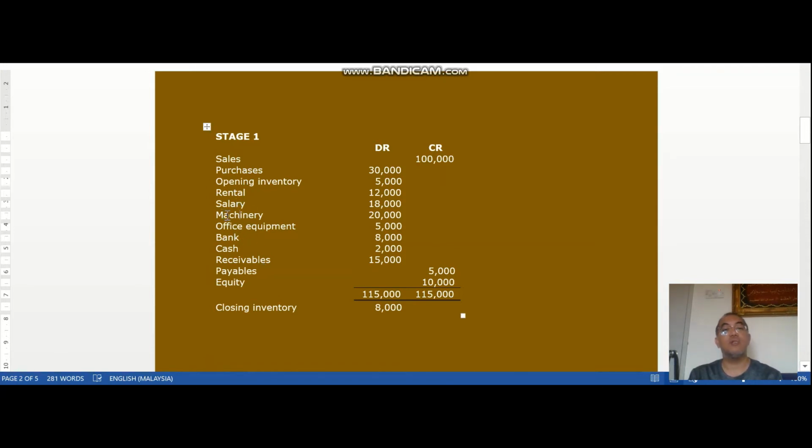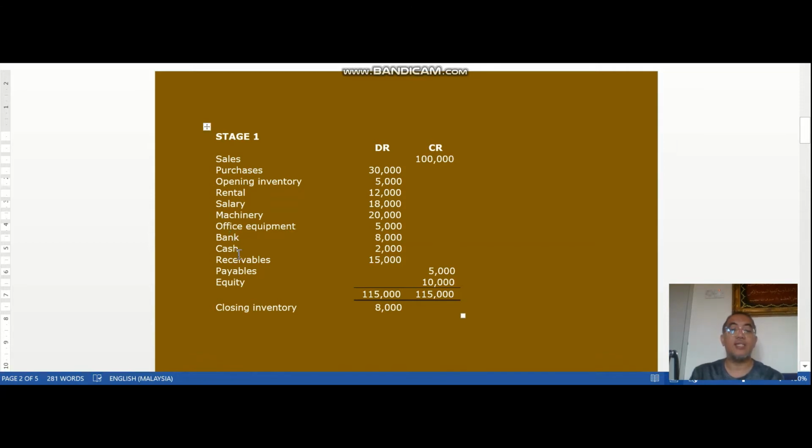Machinery is an asset. Assets should not be inside your statement of profit and loss. They should be in your statement of financial position, that is the balance sheet. So machinery is an asset, should be in the SOFP. Office equipment is also an asset, should be in your statement of financial position.